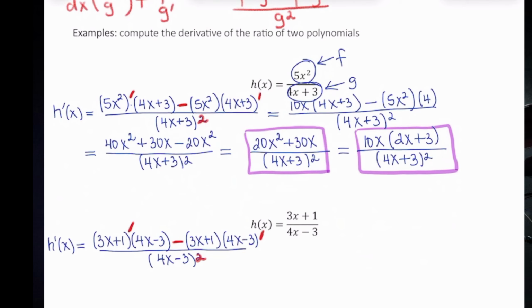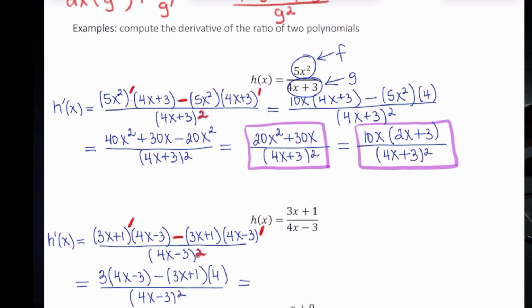Now we can compute the derivatives. So this becomes 3 times 4x minus 3 minus 3x plus 1 times 4. And the denominator, I'm going to keep it as is.